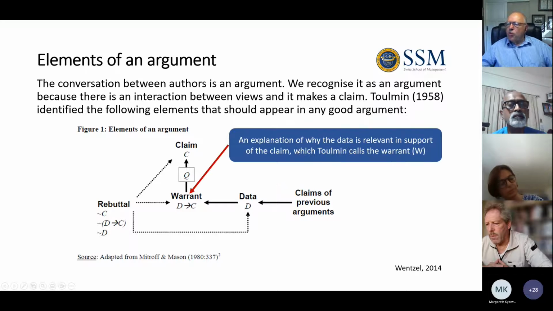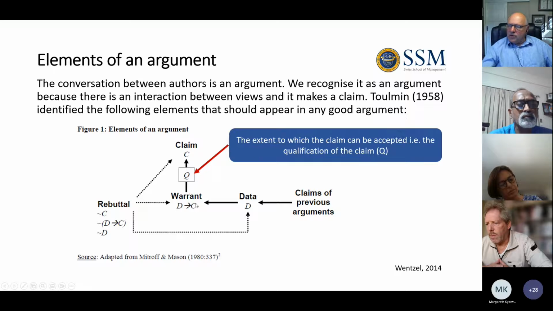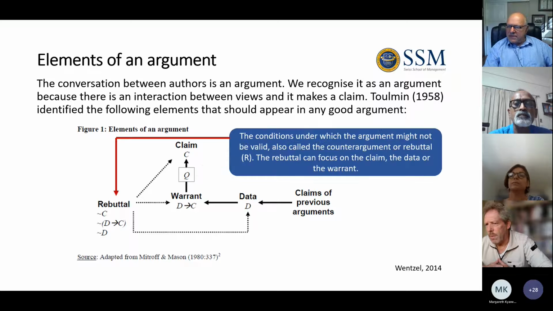Then we have typically the warrant. That's an explanation of why the data is relevant in support of the claim. And then we also have Q. You can see the extent to which the claim can be accepted, i.e. the qualification of the claim, because it can only, maybe under certain circumstances, be accepted.